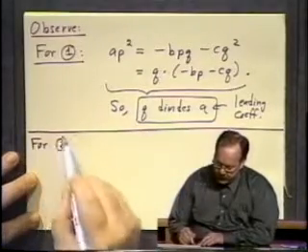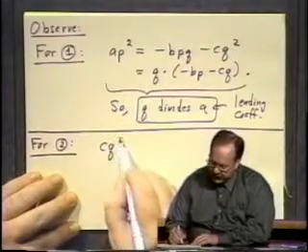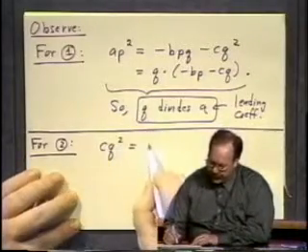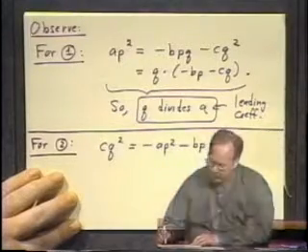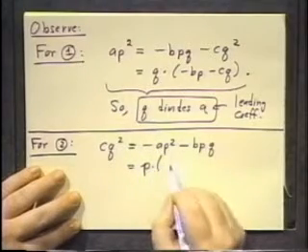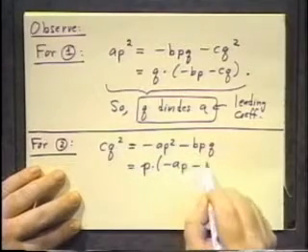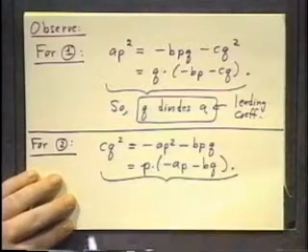For 2, that's where we isolated cq squared. So we got cq squared is equal to minus ap squared minus bpq. And on the right, this time I will factor out the p. So p times minus ap minus bq. Now look at this.